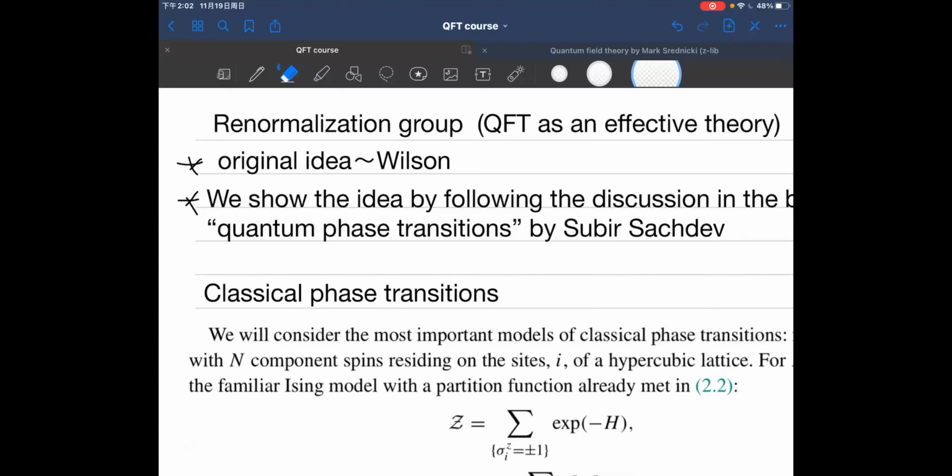In this paper, the author tries to calculate the high temperature expansion for the double scaled SYK model.